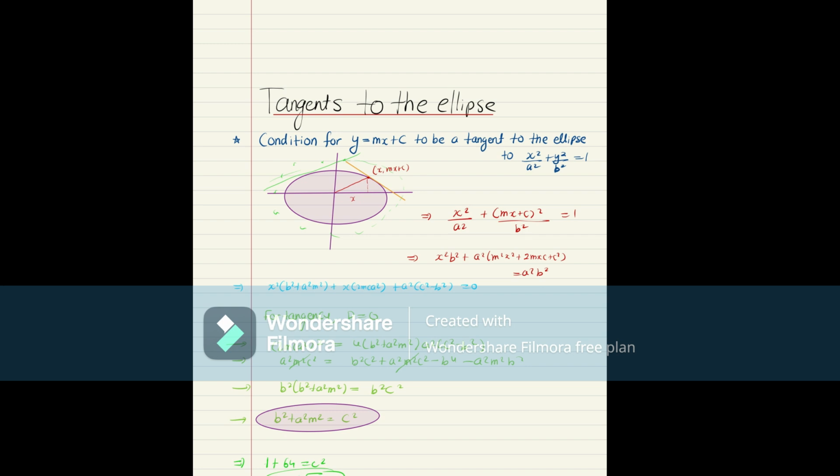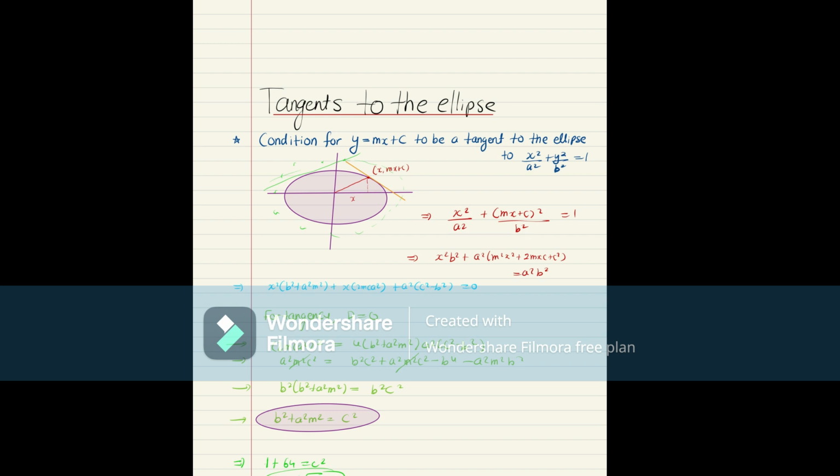This part will require a lot of manipulation, but basically from here we will get a quadratic in x. The coefficient of x square will be b square plus a square m square, the coefficient of x becomes 2m a square c, and the constant term becomes a square into (c square minus b square), and that's equal to 0.